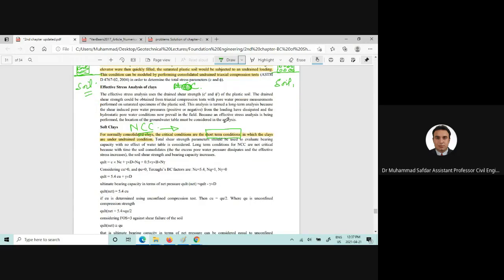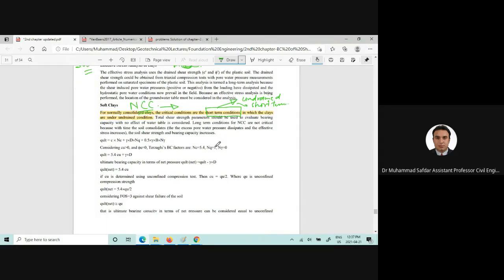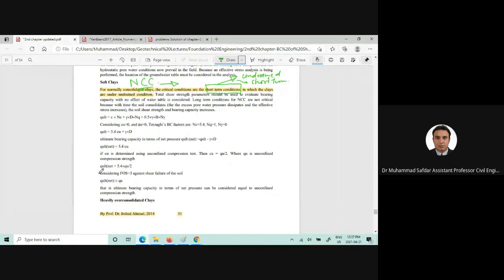And for the short-term condition, what type of analysis do we perform? We perform the undrained, or short-term, analysis, and we can also derive a pretty simple equation having the friction angle equal to 0. The bearing capacity factors can be found, and approximately we will come up with the Q ultimate net equal to the Q ultimate of that soil.